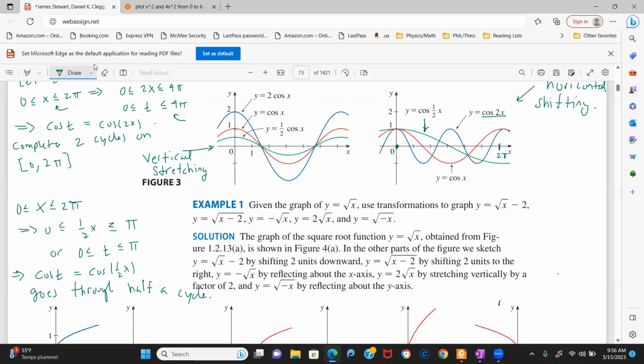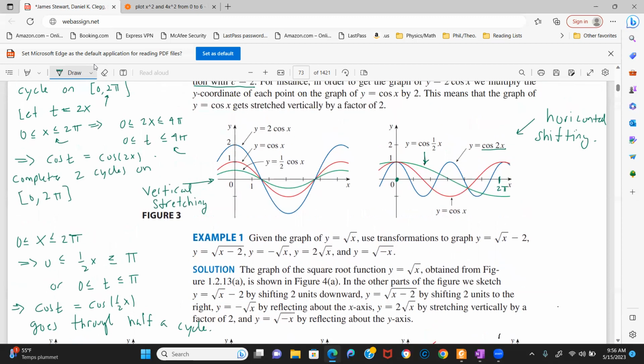So that's what's going on when you take your factor of c and multiply the x first and then evaluate the function. Here's the vertical stretching, as I said. This is when you multiply by the c or the 1 over c on the outside. It has the effect of changing the amplitude.